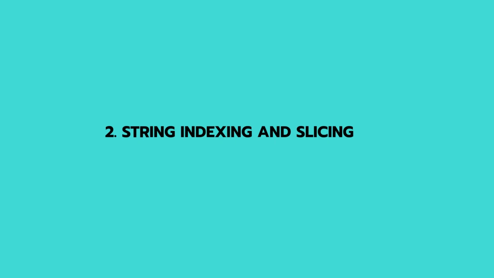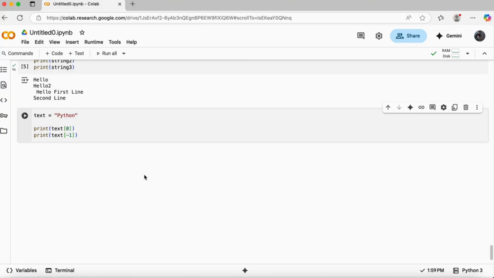Now comes string indexing and slicing. I've taken one simple example where I have created my string, text is equal to Python. Now I just want to do the indexing. I want to get the element from the 0 index and the element from the -1 index.